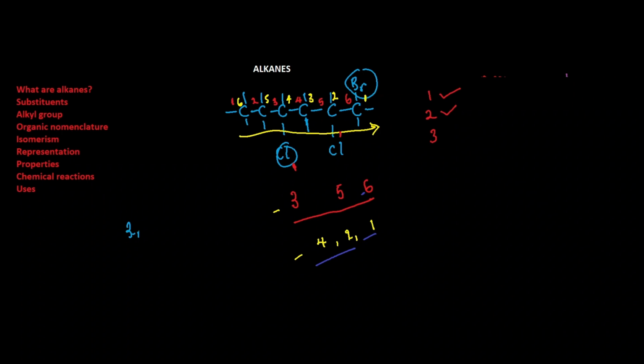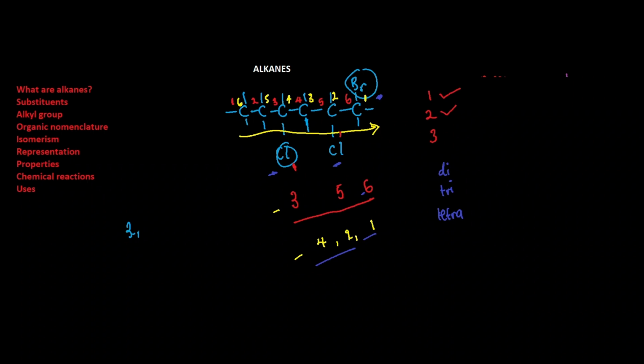Now in making use of this numbering, when we have a particular substituent that occurs more than once, we make use of the prefix di, tri, tetra, and so on to indicate that this substituent appears more than once in the given compound. Now in this case, we have chlorine appearing twice and bromine appearing once.